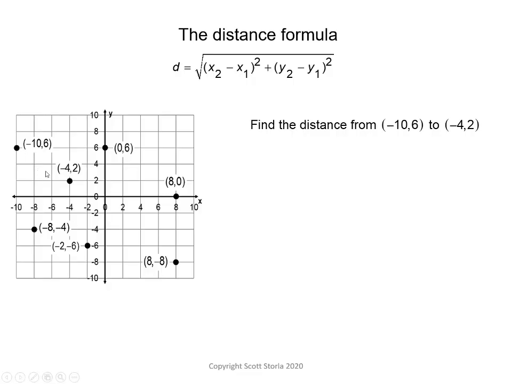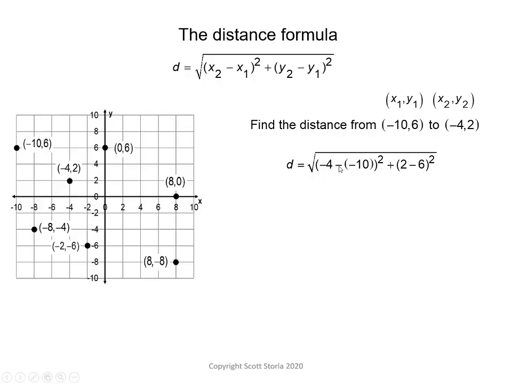Okay, so it's this distance right here. And I have to decide who's going to be my x1, y1 and who's going to be my x2, y2. And I'll just do what I did last time. Same thing. I start again with my formula. My x2 minus x1, well, here's my x2, negative 4.